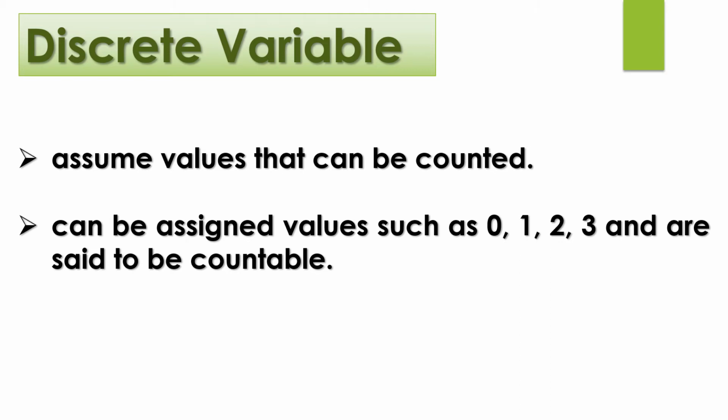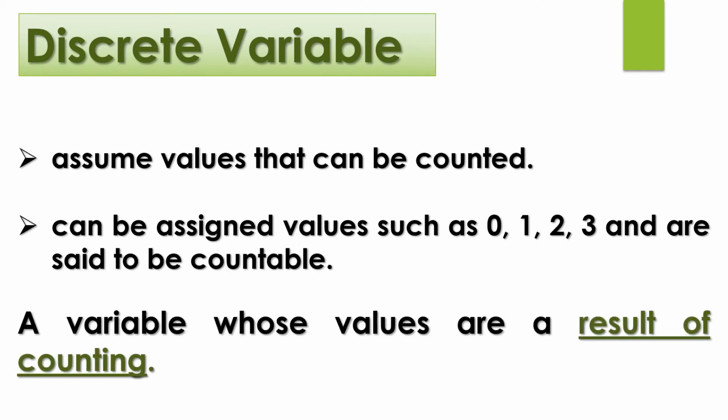It can also assume values only at specific points or a scale of values with gaps between them. Discrete variables are variables whose values are the result of counting. When the result comes from counting, it is a discrete variable.